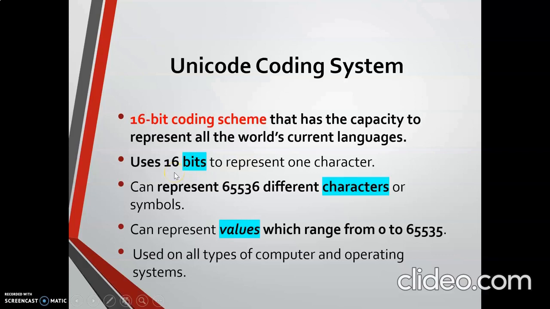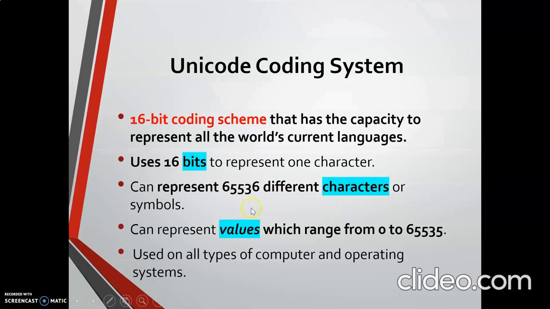The first combination is going to be 16 zeros, and the last combination is going to be 16 ones. Altogether it is 2 to the power of 16 different combinations, and that sums up to 65,536 different combinations, which can represent that many different characters.